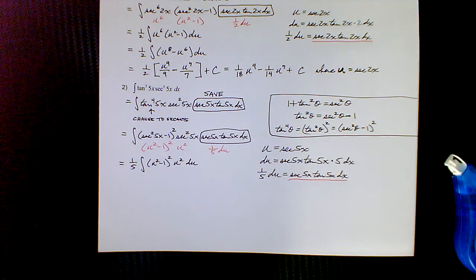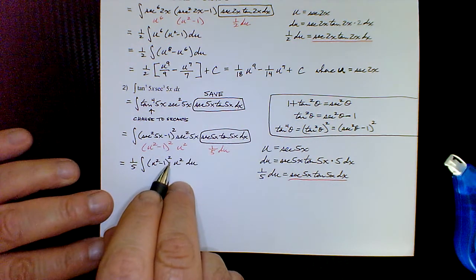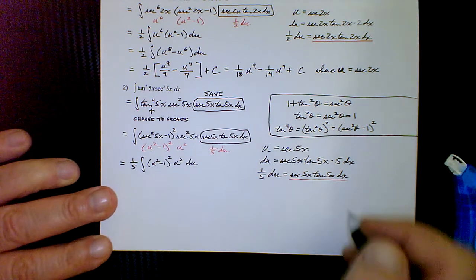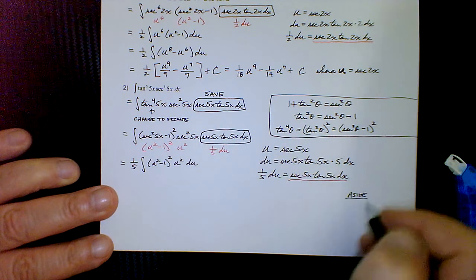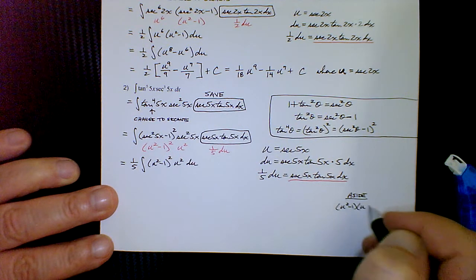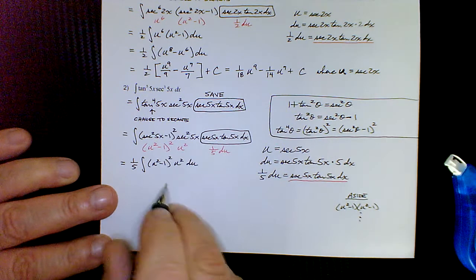So once again, we have to have a sum or difference of terms that are of the form u to the n in order to integrate. And so therefore we have to expand this u squared minus 1 that's being squared. Since it's only being squared, you can take it off to the side and FOIL it out. u squared minus 1 times itself.